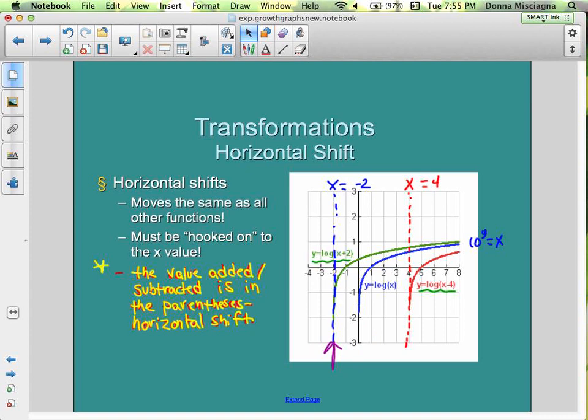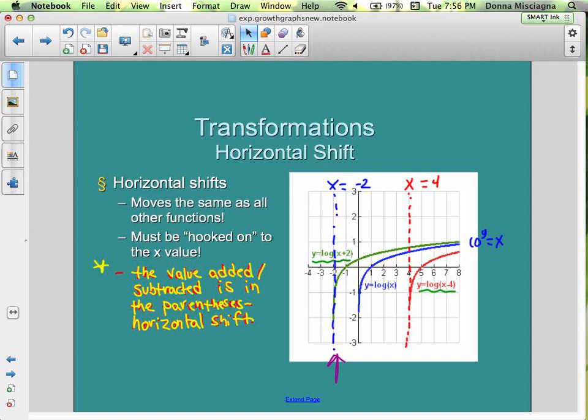Because if I want that to be 1, I just got to plug a 1 in. But with that plus 2, if I want it to be 1, now I only need a negative 1. So do you see how that's 2 smaller? If x is negative 1, that would also be a 1, because negative 1 plus 2 is 1. So it's going to shift it to the left.